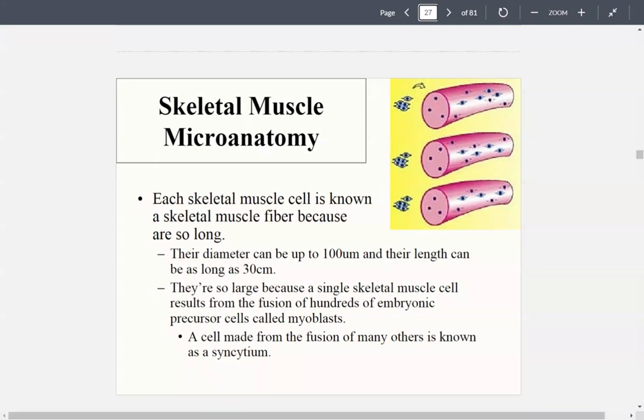They are this large since a single skeletal muscle cell is the result of the fusion of hundreds of embryonic precursor cells called myoblasts, and this is also why they're multinucleated. A single cell is actually composed of a bunch of cells smushed together. Now, when we have cells that are a fusion of multiple cells, we actually refer to this as a syncytium. Don't stress about that.